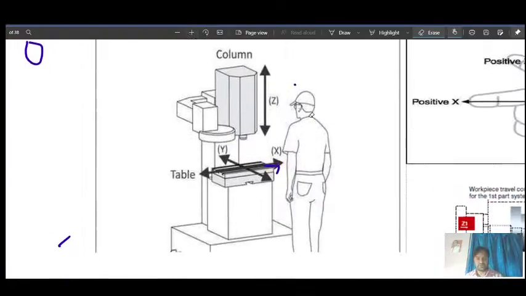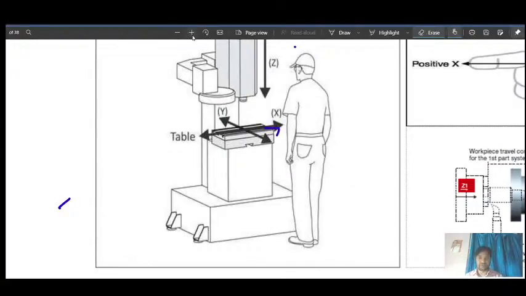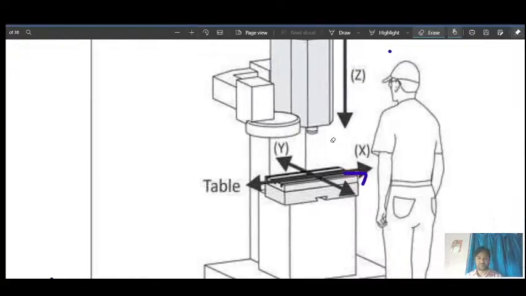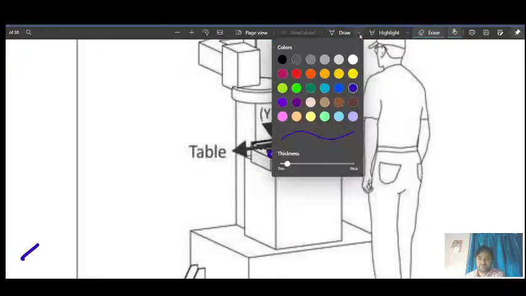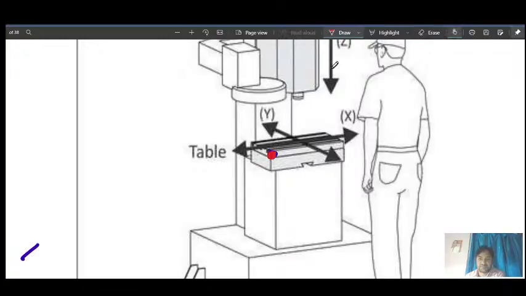If this is your machine and this is your workspace table, this corner you can define as a fixed zero. So it is already defined in the machine.